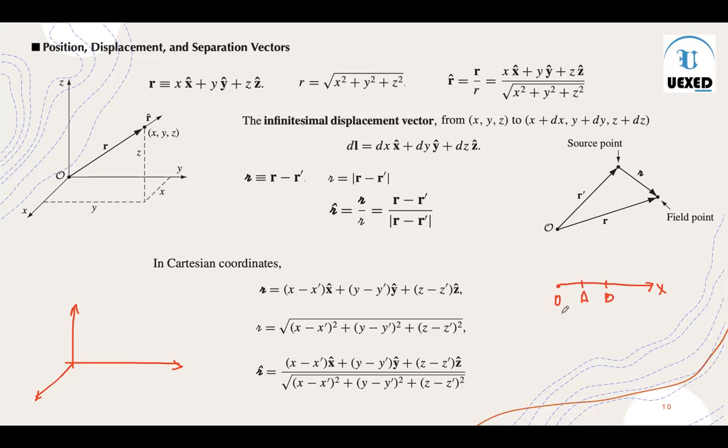So obviously he or she is going to calculate this distance and this distance, and just do the subtraction OB minus OA. So this is going to give you the distance covered from point A to B.